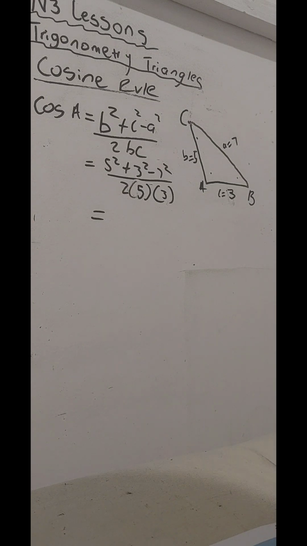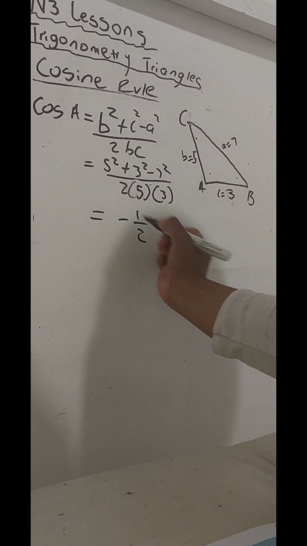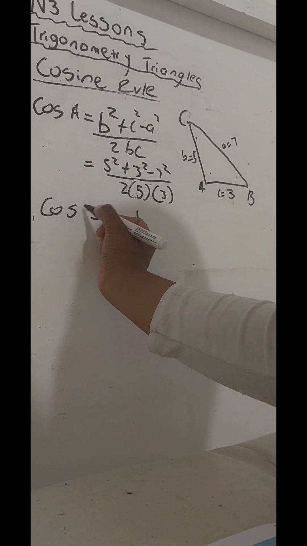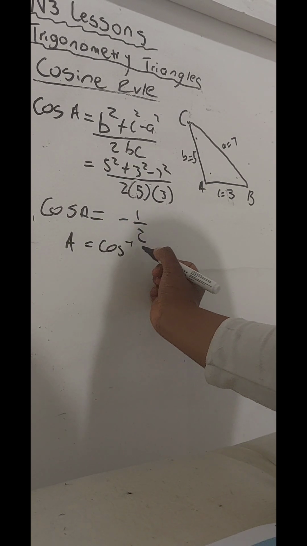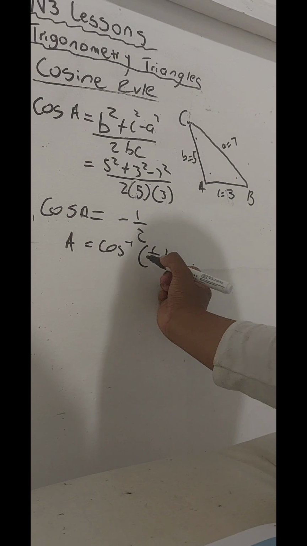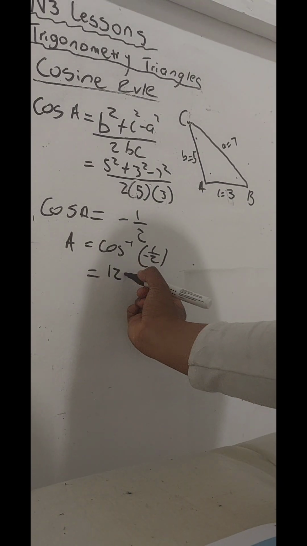Substitute everything, guys: 5 squared plus 3 squared minus 7 squared divided by 2 times 5 times 3. I get my answer to be negative half. Remember, we still have cos A on this side, so angle A is cos inverse of negative half. I get my answer to be 120.